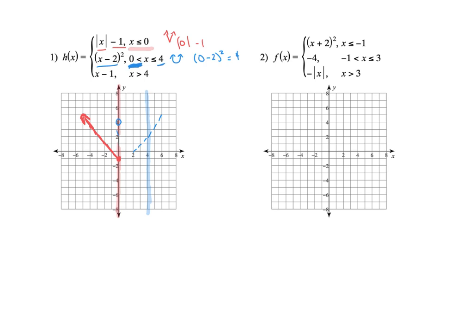And then I can plug in the other endpoint and I can say 4 minus 2 quantity squared. That's also a 4. And again, you can see that I was a little bit off when I sketched that piece of it. And so I can just fix that and say, well, over here, I would be at 4. And that is inclusive because it was "or equal to." So this piece is going to be this parabola right here, and I'm going to stop at the end of my pieces. And I'm going to do the same exact thing with this next one.